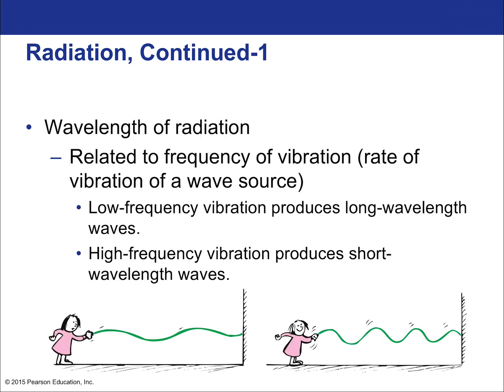So the wavelength of radiation is related to the frequency of the vibration. And this has to do with the fact that the speed of light is a fixed value. Again, more on that later. But there's a direct relationship between wavelength and frequency. And simply put, low frequency vibrations produce long wavelength waves. So if this movement is slow, then the wavelength is long.